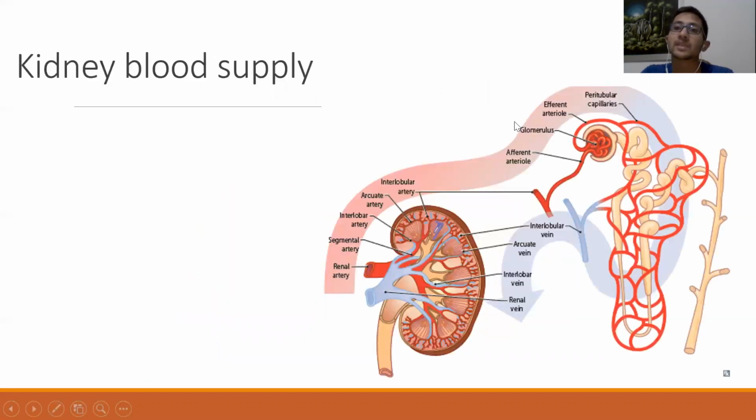We can see here it starts off with the renal arteries, and then that branches into the segmental arteries, then the interlobar arteries, and then the arcuate artery, because they form an arch over here, and that becomes the interlobular artery, which then becomes the afferent arteriole, so from artery to arteriole, and then that becomes the glomerulus, which is a knot of capillaries, and then that once again becomes the efferent arteriole.